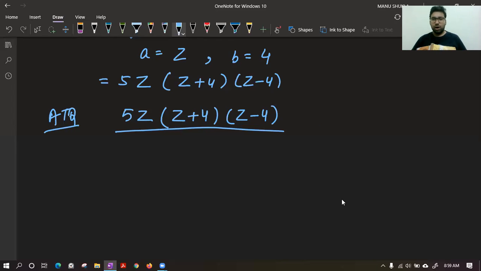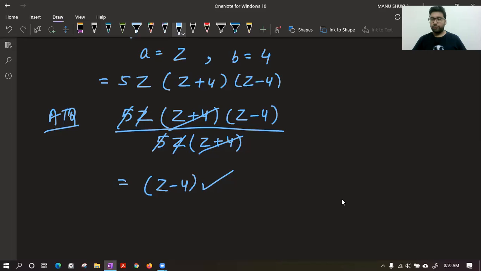So you can see now how easy it is to solve such questions if you know the simplification techniques. So 5 will cancel 5, z will cancel z, z plus 4 will cancel z plus 4, and the answer is z minus 4. This is the answer, or your quotient, after division.